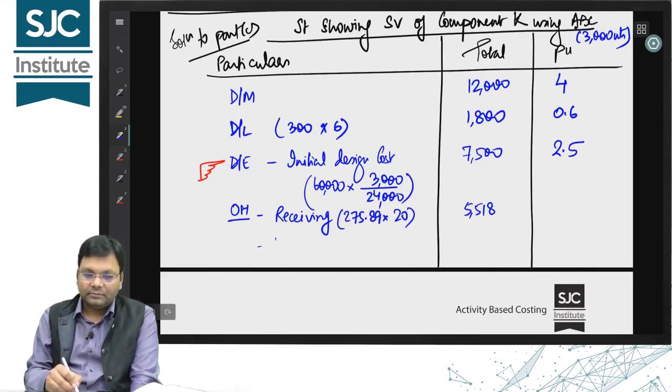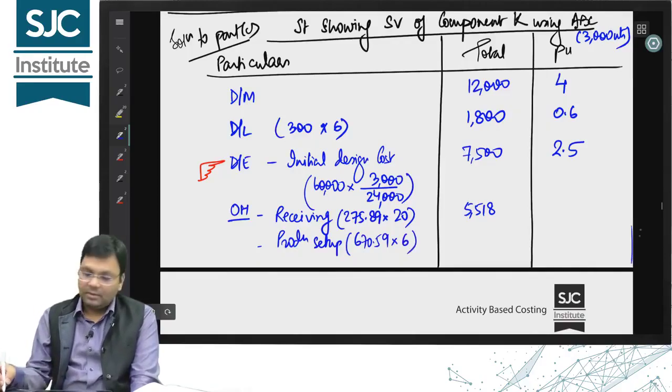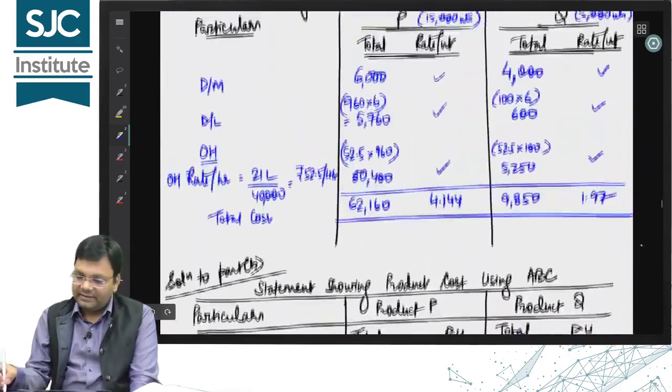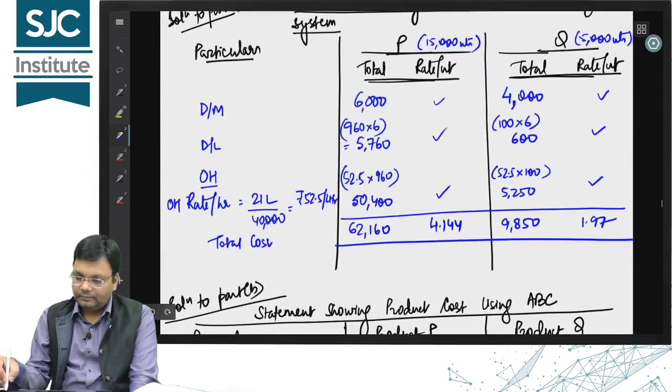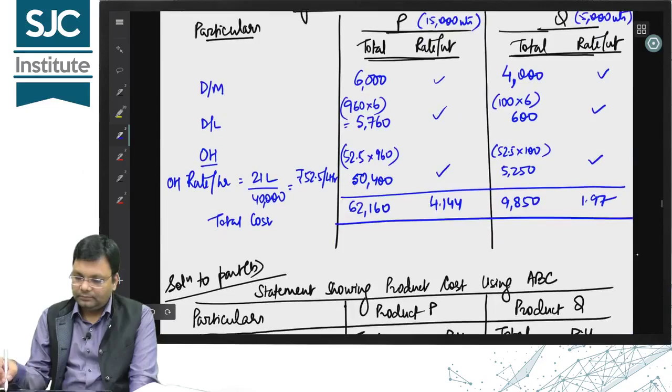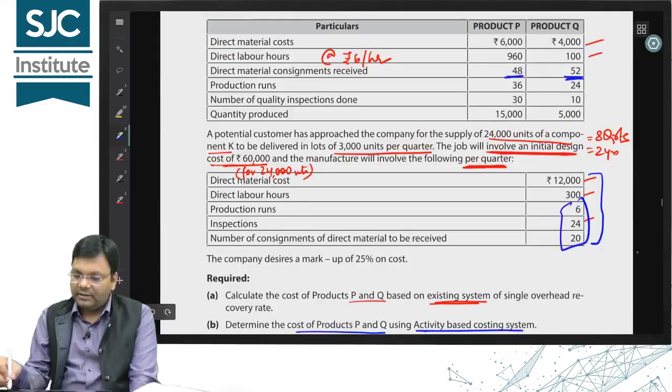After receiving, it is production setup, the rate is 670.59 and number of runs is 6. In the question only, number of runs is given as 6 and quality inspection is 24.